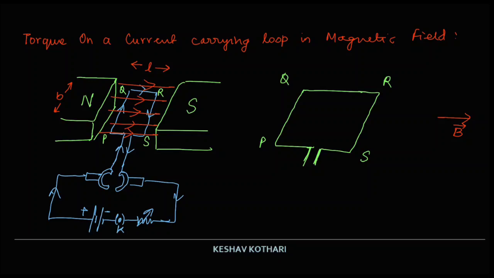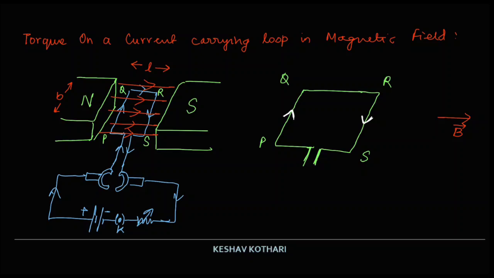The current in the wire PQ is in the upward direction, that is like this, and in RS it is in the downward direction. In order to determine the force on PQ and RS, if we use Fleming's left hand rule, the index finger is in the direction of magnetic field, that is towards the right of the screen. The current is in the wire of PQ as marked over here, and you will find that your thumb is pointing in the downward direction.